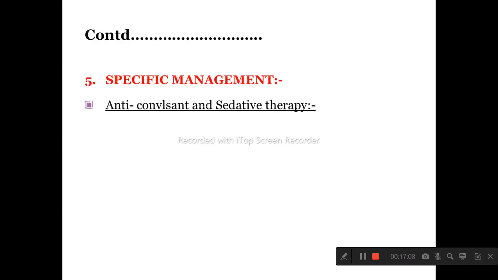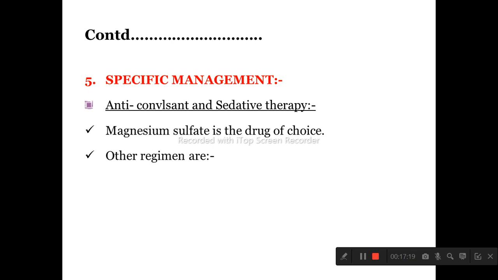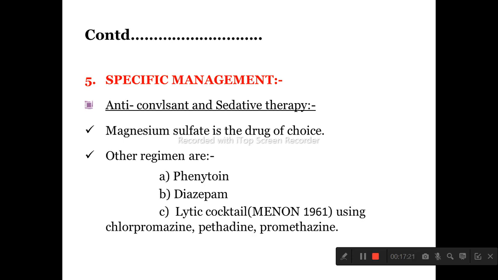Then the specific management we can give is anticonvulsant and sedative therapy, which we should start to prevent further seizures. Magnesium sulfate is the drug of choice for this. Other regimens are phenytoin and diazepam, the lytic cocktail, using chlorpromazine or promethazine.